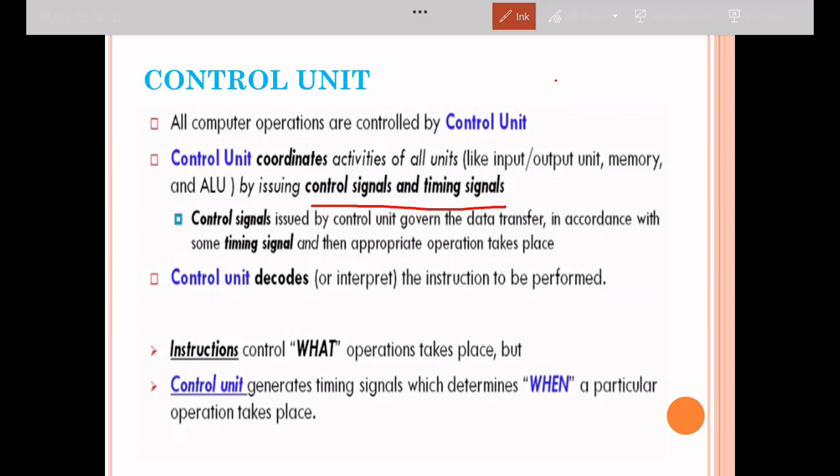Third, this control unit decodes the instructions. Okay, this is the third one. It is very important. And the main thing I am saying, it directs and coordinates the operations of the computer by fetching, decoding and executing instructions and managing the flow of data across the memory and ALU.